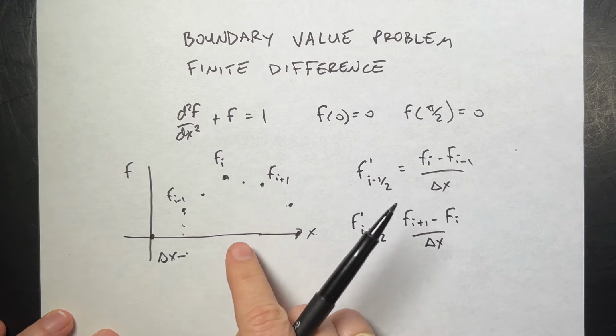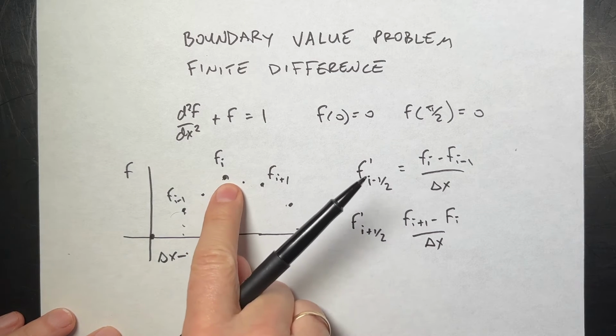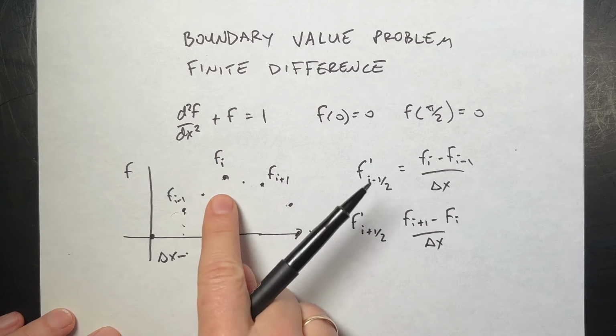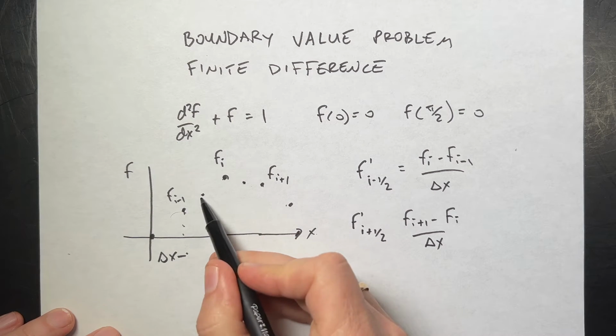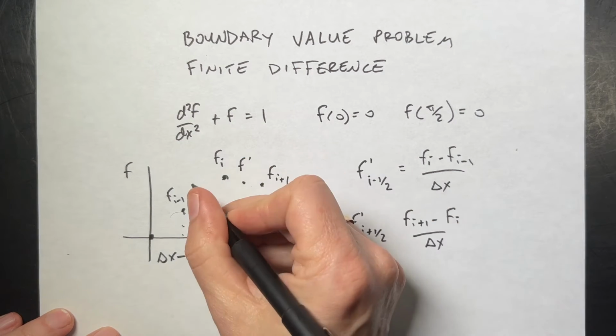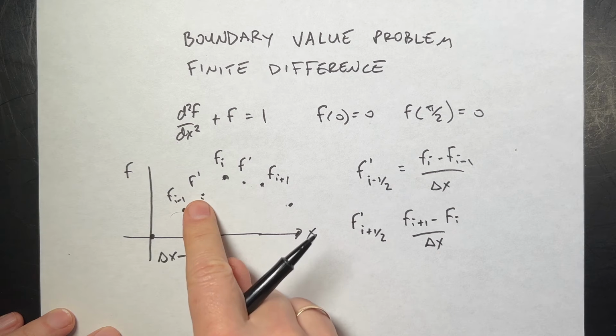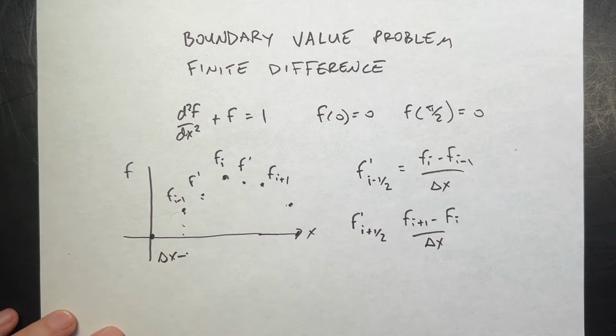Now how do I find the second derivative? The second derivative at this point is going to be the change in this derivative minus the change in this derivative. So this is f prime, that's f prime, so I'm going to do f prime minus f prime. Let's write the second derivative as follows.